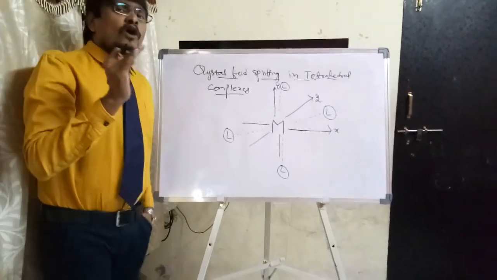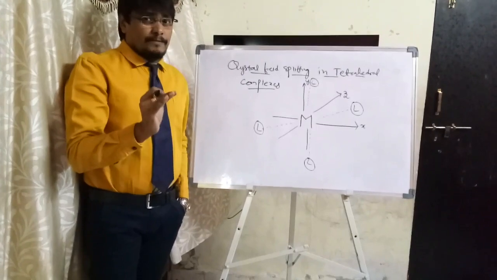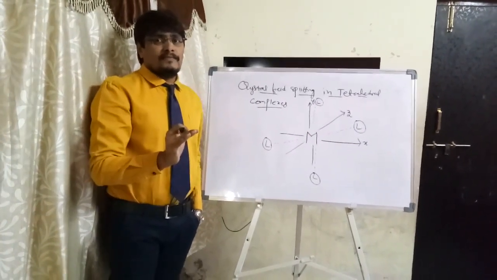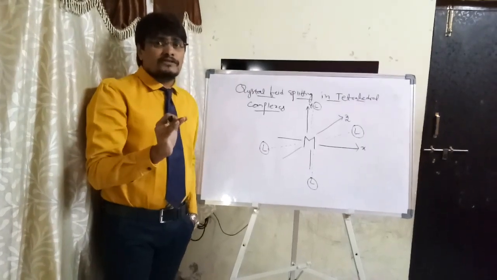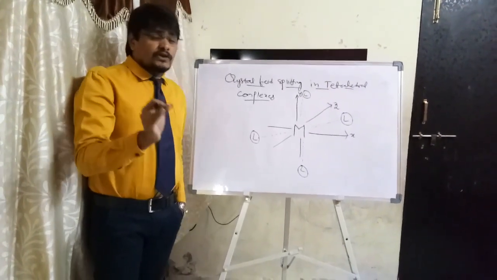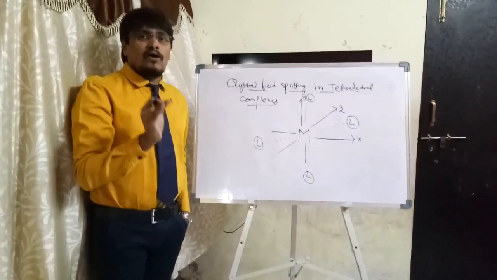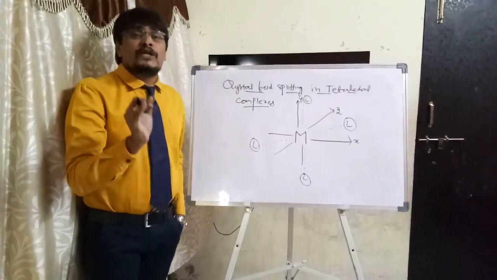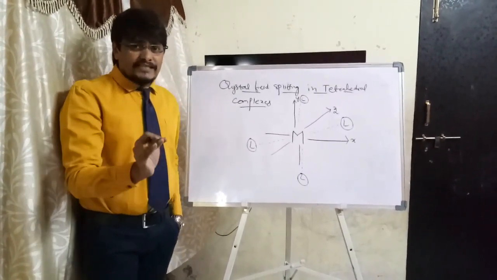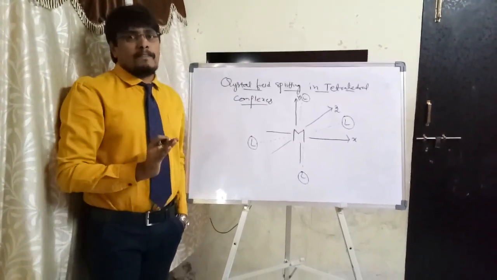Now, what are the d orbitals in which electrons are sitting in between the axis? Those are the T2G set of orbitals, that is dxy, dyz, and dxz.